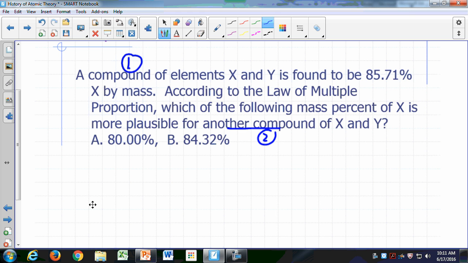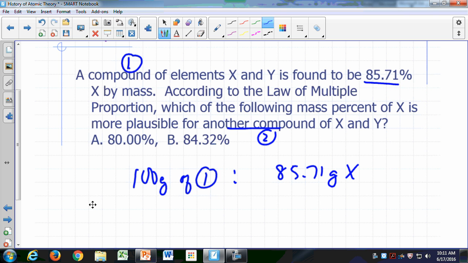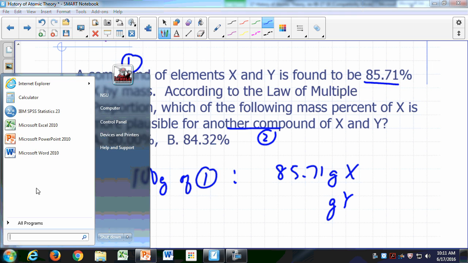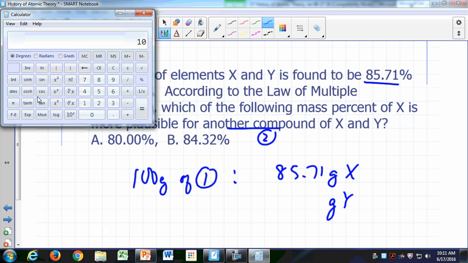Compound 1 is 85.71% X by mass. So if I have 100 grams of compound 1, it's going to have 85.71 grams of X. And how much of that would be Y? That would be the difference between 100 and 85.71, which is 14.29.